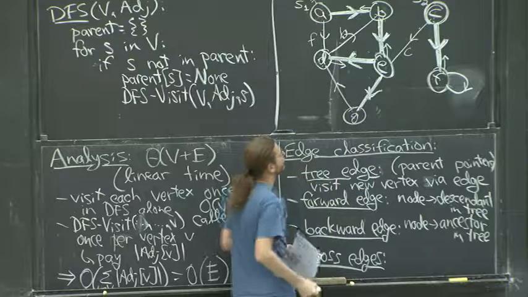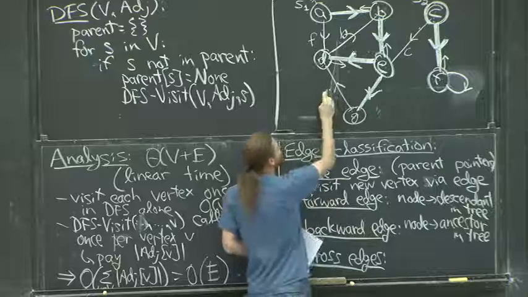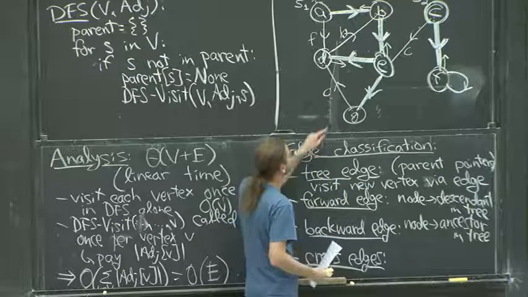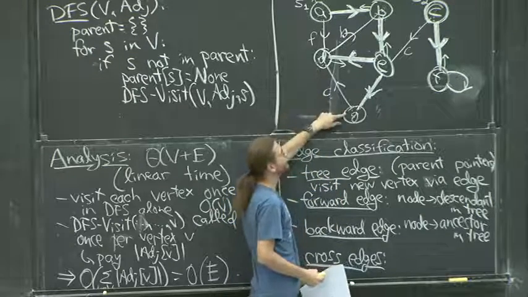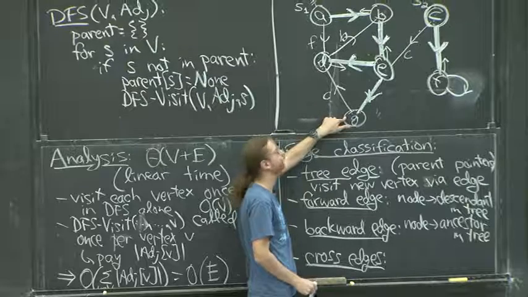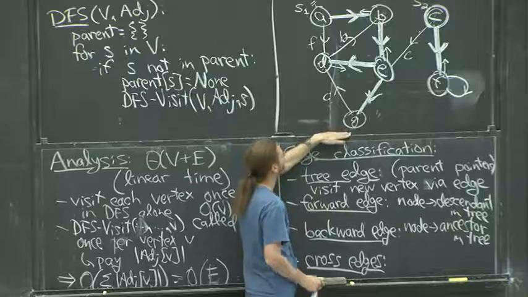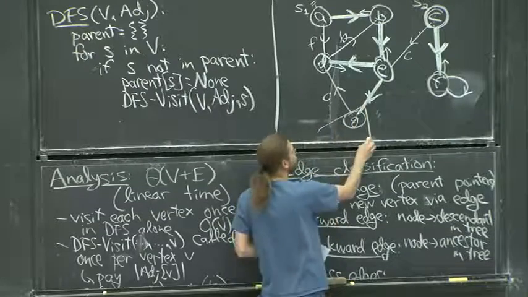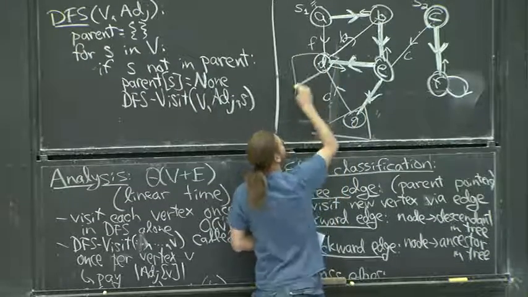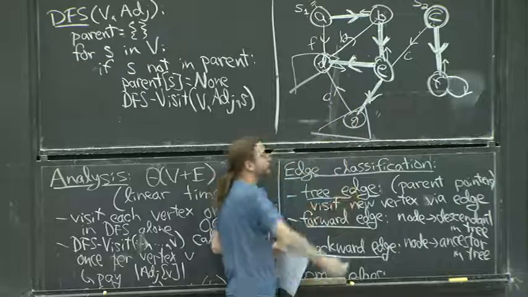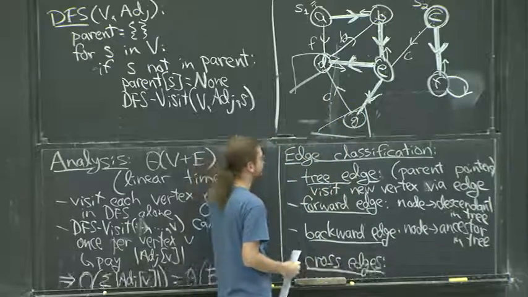If this edge existed, it would be a cross edge. Because G and D are not ancestor related. Neither one is an ancestor of the other. They are siblings, actually. So in general, there's going to be some subtree over here, some subtree over here, and this is a cross edge between two different subtrees.